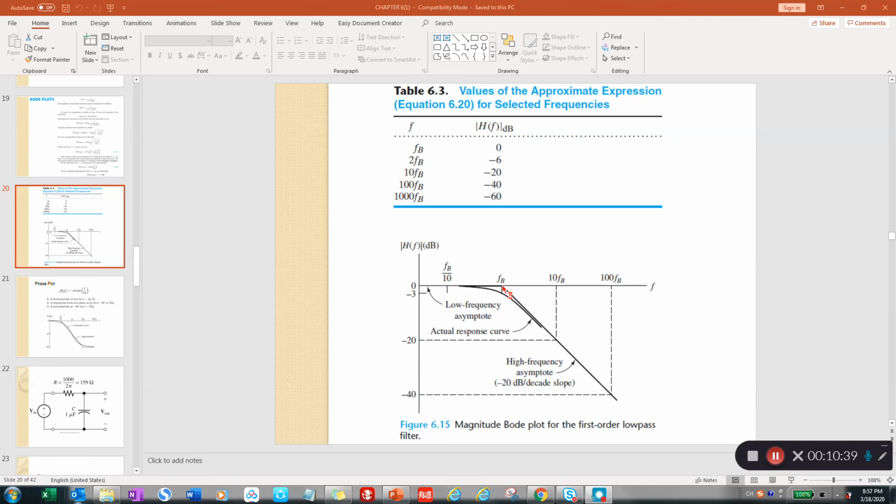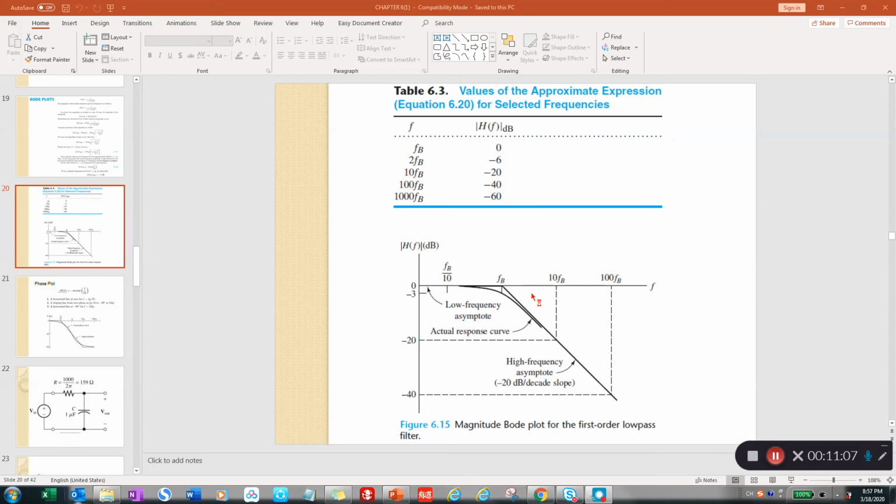If the frequency is less than the break frequency, that means the left part of the break frequency, all will be equal to 0. Here you can look at this segment. If the frequency is less than the break frequency, the amplitude in dB will be equal to 0.